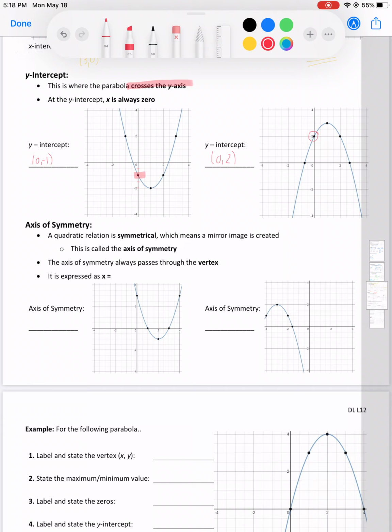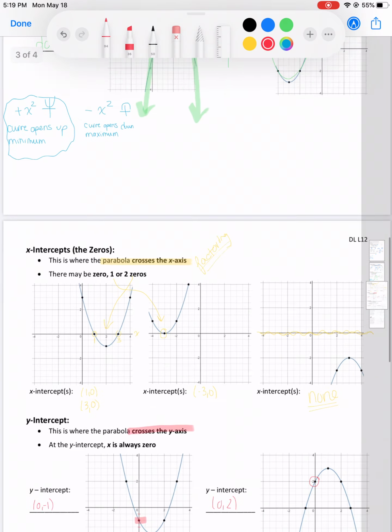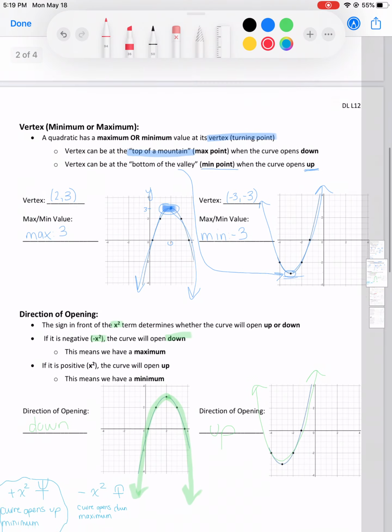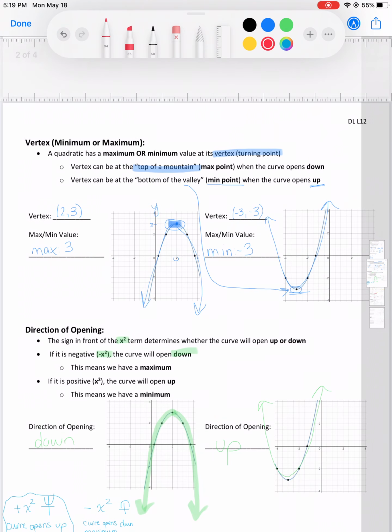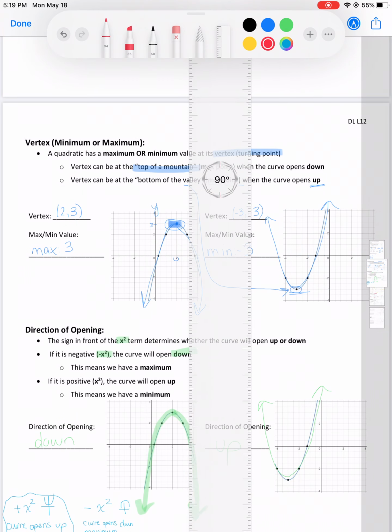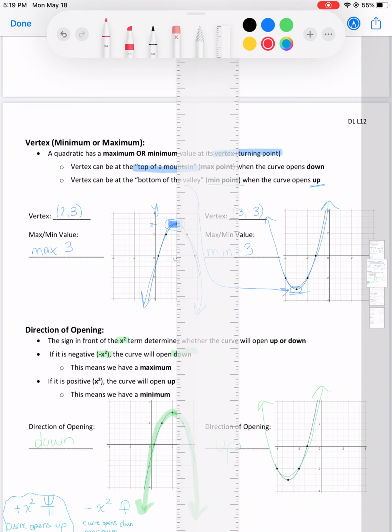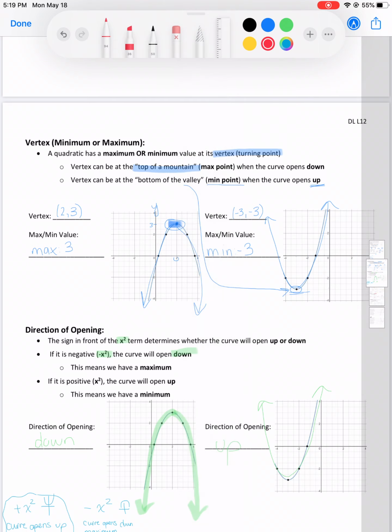Okay, axis of symmetry. A quadratic relation is symmetrical, meaning a mirror image is created. So when you go back up to our vertex, we were looking at the point at which it switches directions. All parabolas that we're going to deal with are mirror images of each other.